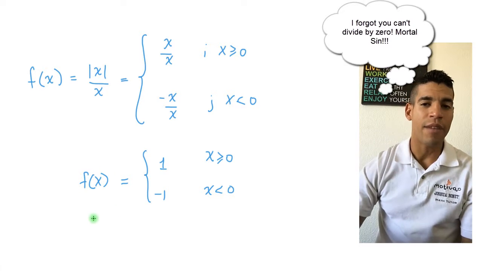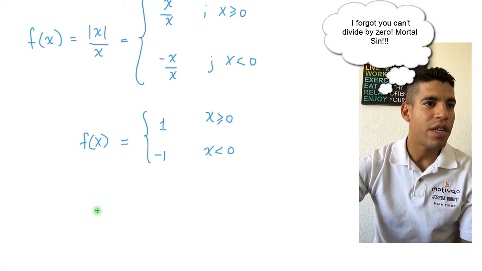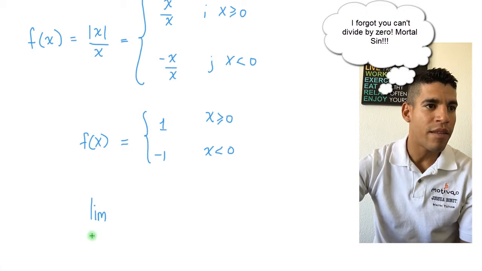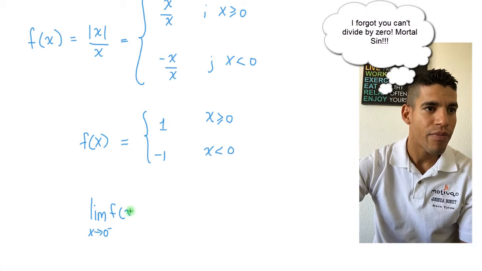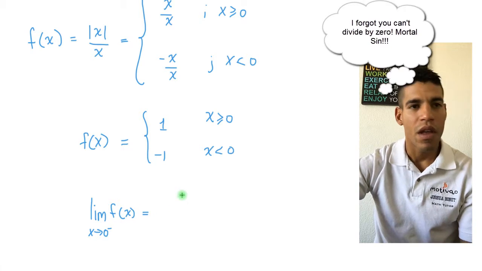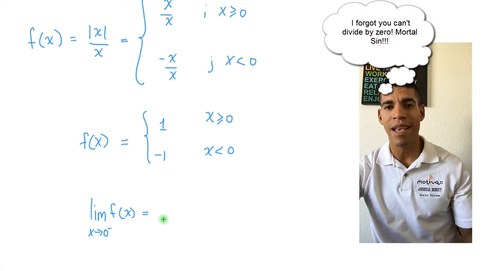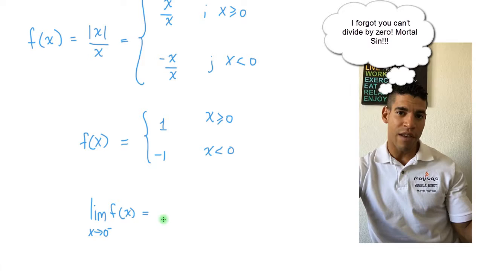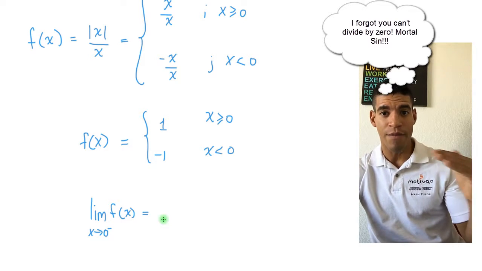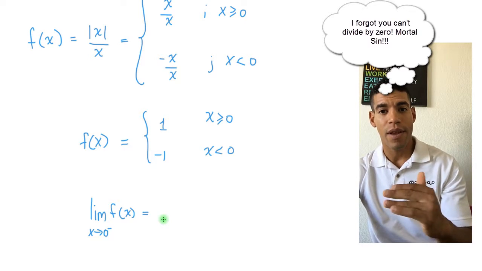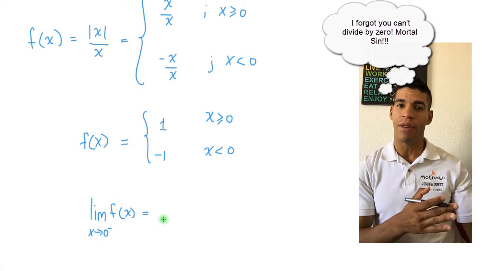Now, let's do it again. Let's approach the limit when x approaches 0 from the left of f of x. When x is approaching 0 from the left, the values of x are what? Negative, right? Because everything to the left of 0 is negative.